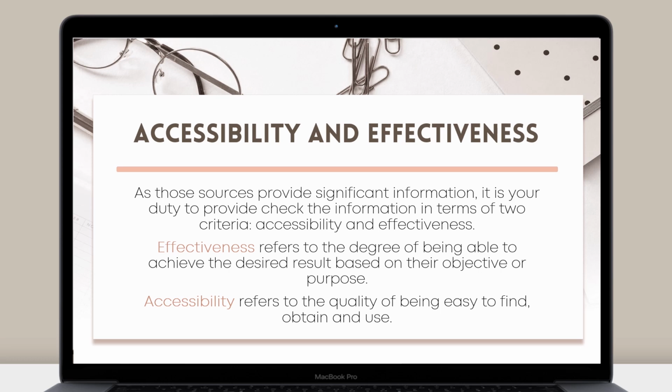Effectiveness refers to the degree of being able to achieve the desired result based on the objective or purpose. Like I said earlier during your task 1, for example, your classmate or your friend or your family has told you, oh, try this coffee, it makes you slim, promise.